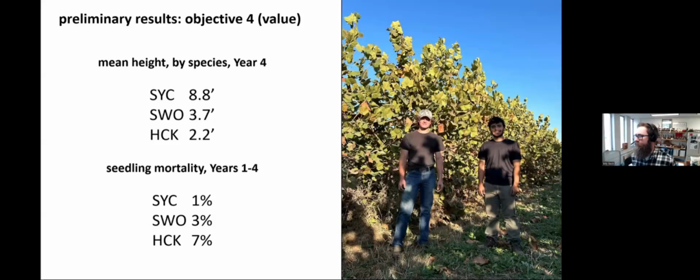So NRCS specs, equipment, and access were the drivers of spacing, but you can space as needed. Just a rule of thumb, the tighter you pack them, they're going to put on primary growth first, so they get really, really tall. And then after that, you would need to thin them out so they can get wider. If you space them far apart, they're going to put a lot more lateral growth on than height.